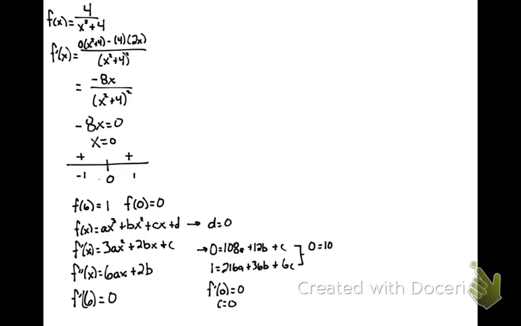0 equals 108a plus 12b, and recall that this came from just knowing some things about the derivative. Second, we know that 1 must equal 216a plus 36b, and this is a system of equations that I can solve.